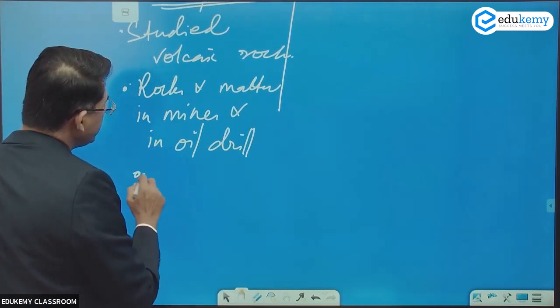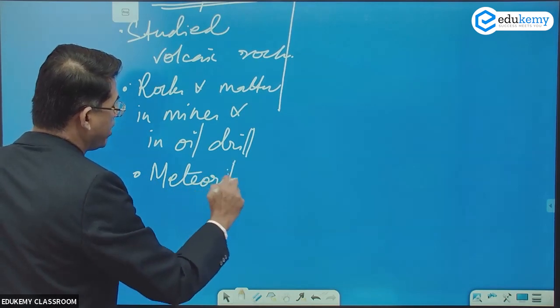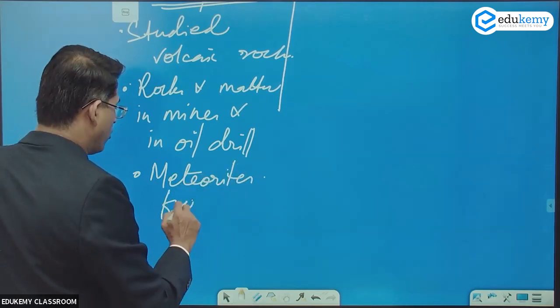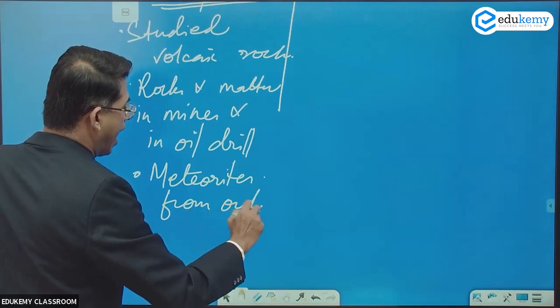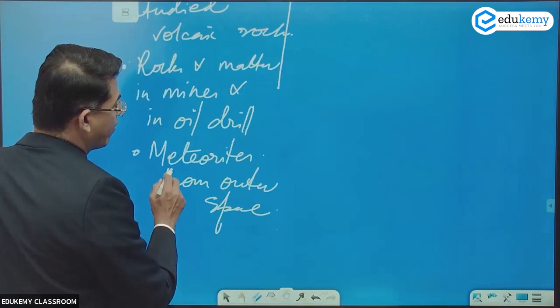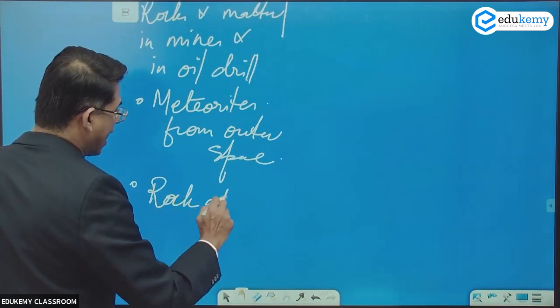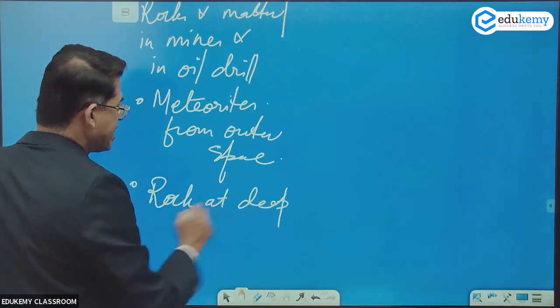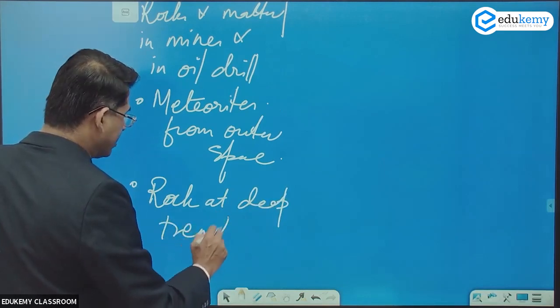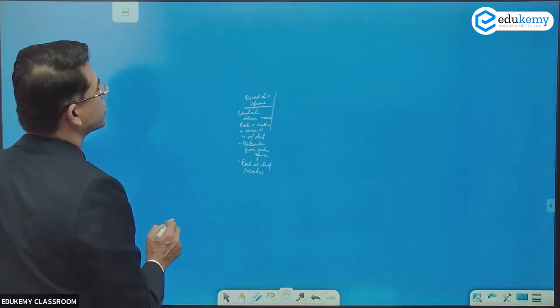We have studied meteorites from outer space. Okay, we have also studied rocks at deep trenches.